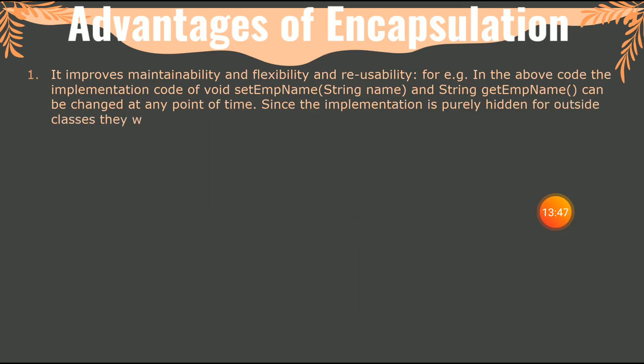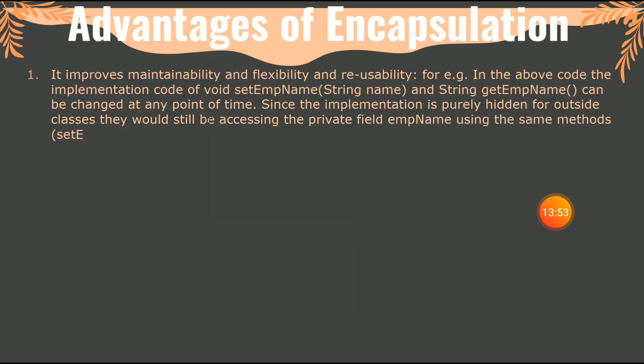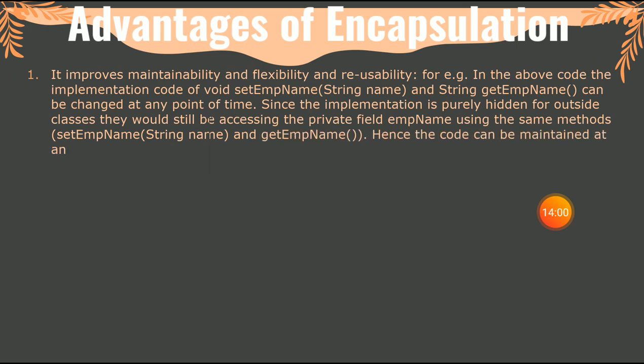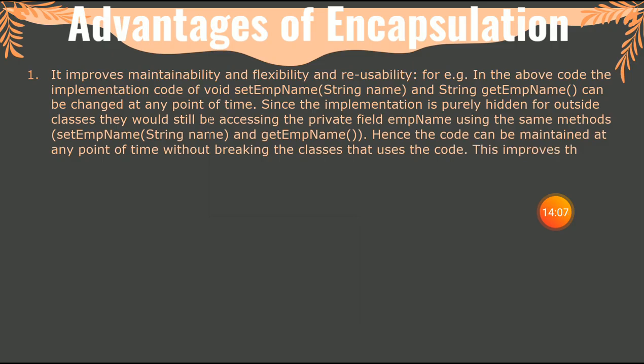Since the implementation is purely hidden from outside classes, they would still access the private field employeeName using the same methods. Hence, the code can be maintained at any point of time without breaking the classes that use it. This improves the reusability of the underlying class, so we can reuse those methods whenever we need.